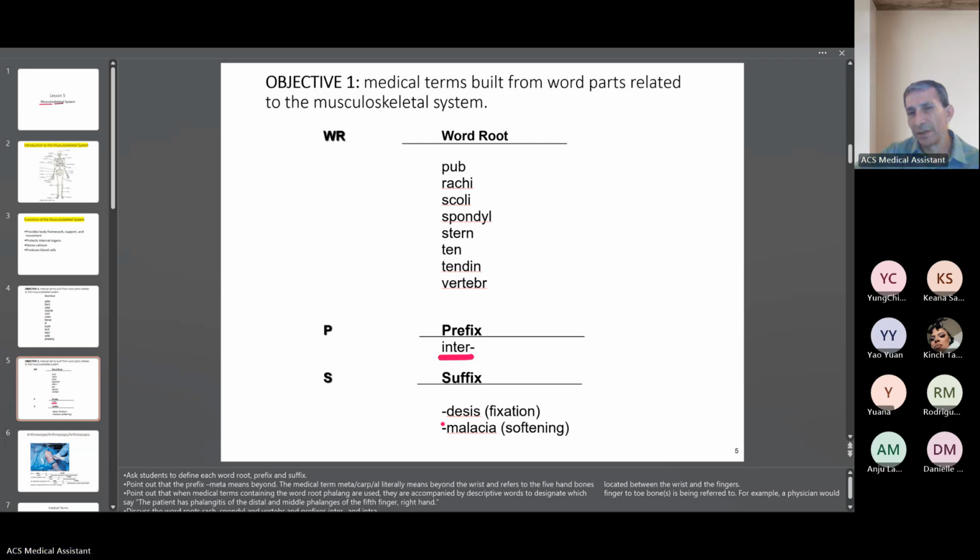Suffix, this is fixation. Oh, you are fixing something. Not that you're gonna fix something like repair it. Well, in a way, yes, but this is like fusing something. Fixation means to put something that you used to move, now they fix.